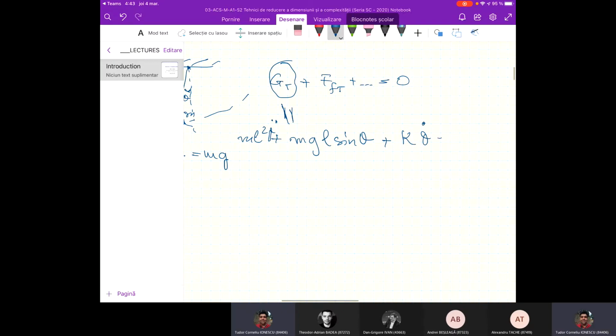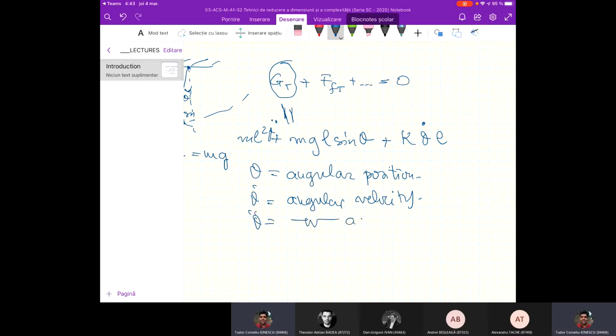This is the velocity, times L. So theta is the angular position, theta dot is the angular velocity, and theta double dot is the angular acceleration. And this is all equal to 0. This is the equation governing the pendulum.